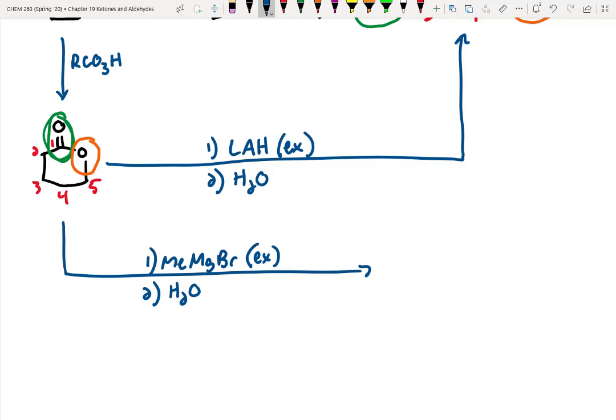So what you'll end up getting is a molecule that looks more like this, where you would have two of these methyl groups that were added in. So these two methyl groups added in from that Grignard reagent. And then the other position will be kicked off as an alcohol. So you would actually be able to ring open it with the Grignard reagent as well.